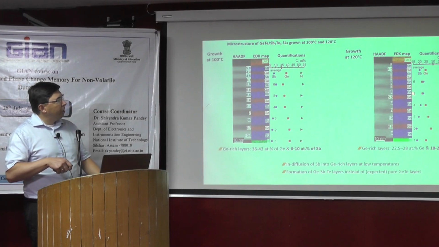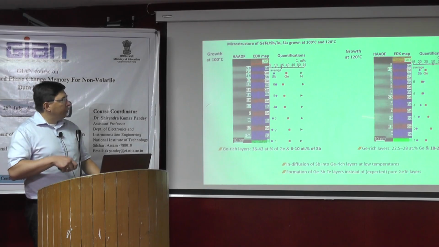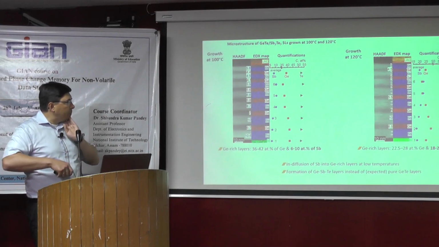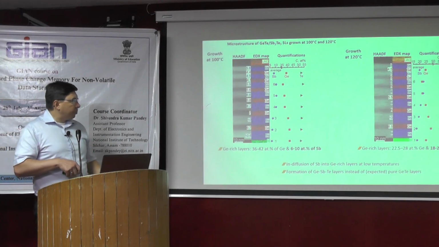And here is the composition of each layer. At this thickness, they are somehow intermixed. So here we have not a single layer, but a mixture of antimony, germanium, and tellurium. The tellurium stays constant during the growth in the thin films.